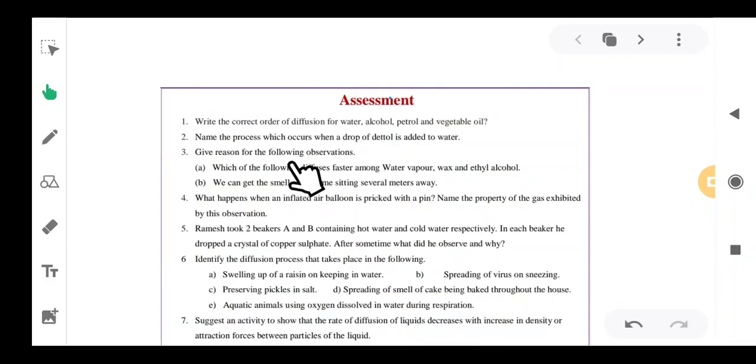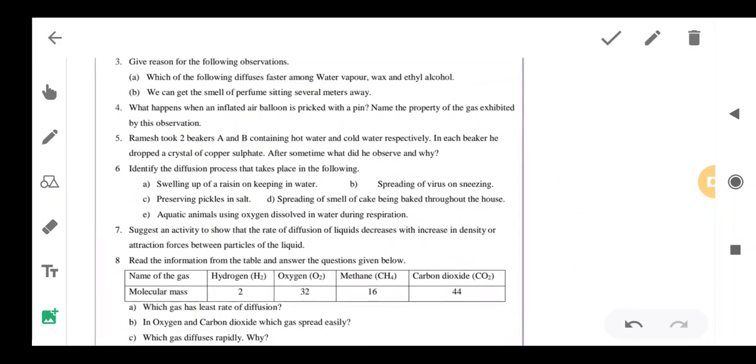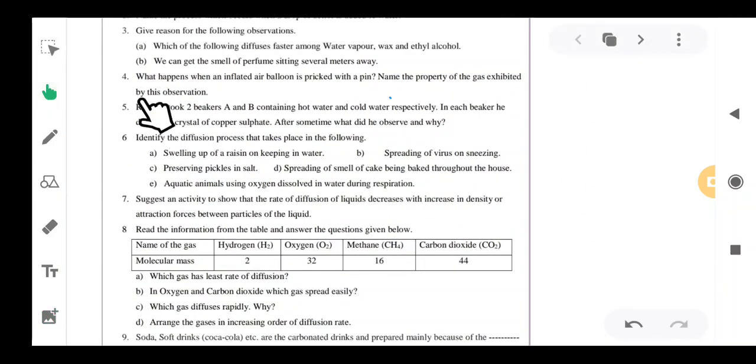Next one, fourth one. What happens when the inflated air balloon is pricked with a pin? Name the property of the gas exhibited by this observation. So see here, you pricked a balloon with a pin.